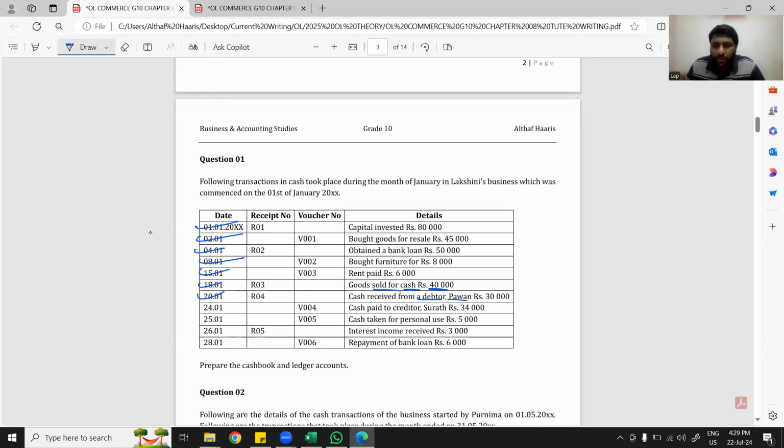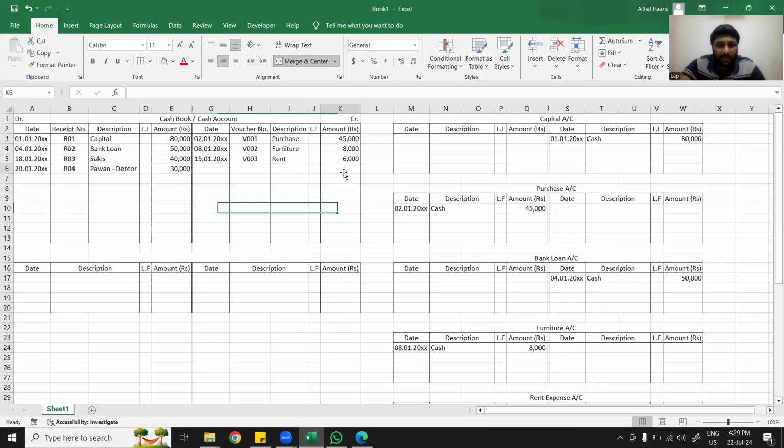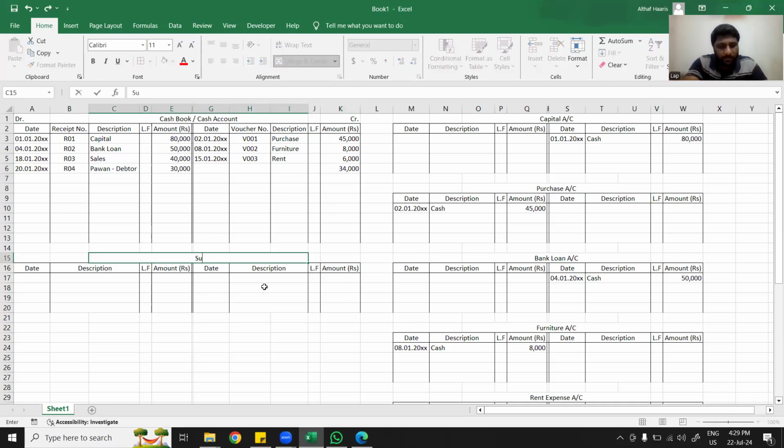Cash paid to Surat. Money is decreasing. Money decreases, credit. 34,000. And Surat is a creditor. So I am settling the creditor.